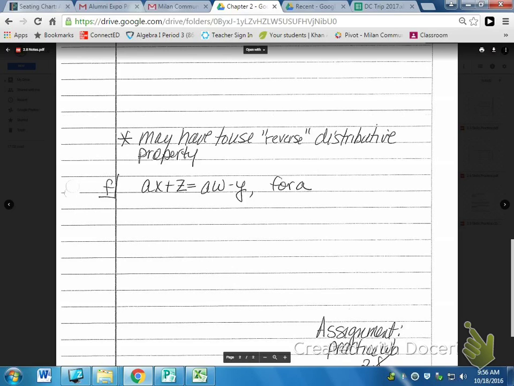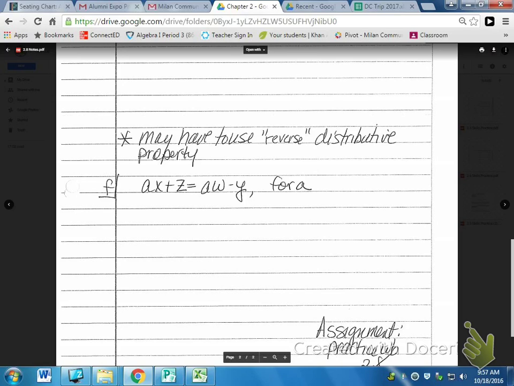Well, this is the opposite of that. Okay, so this example says AX plus Z equals AW minus Y, and we have to solve it for A.